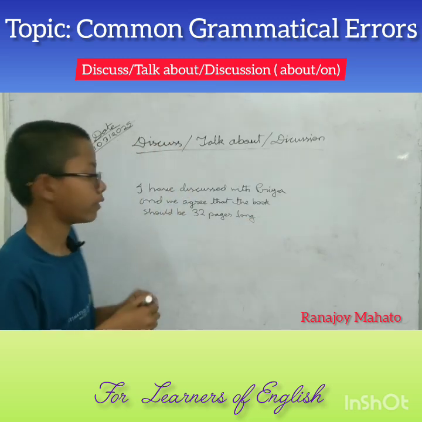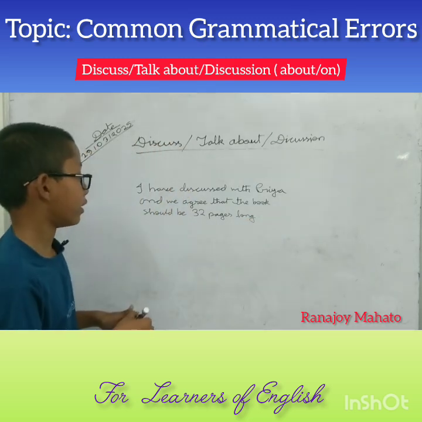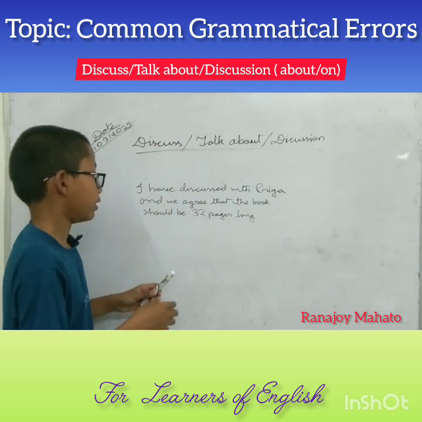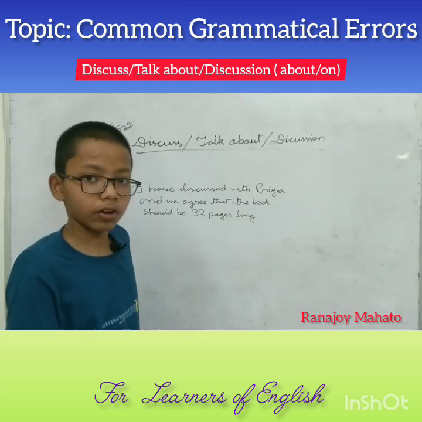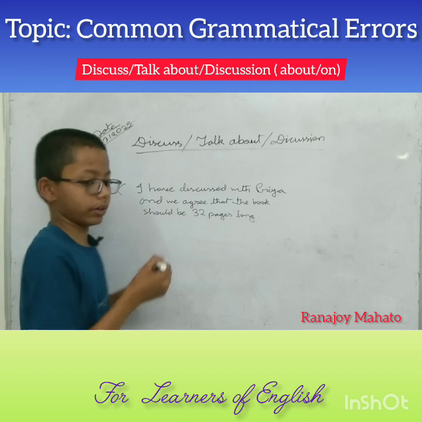There we go. So here's this sentence. I have discussed with Priya and we agree that the book should be 32 pages long. So here's a long one, but also an incorrect one.